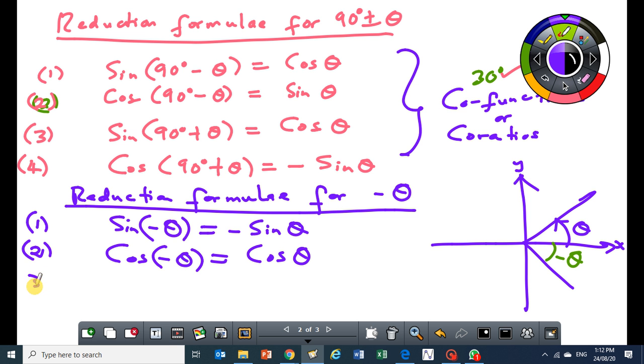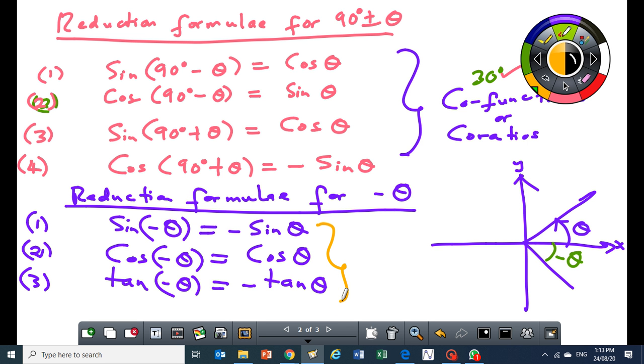Then number three, we have tan minus theta. This one here is equal to minus tan theta, because in the fourth quadrant, tan is negative. So make sure you remember these three for your negative angles.